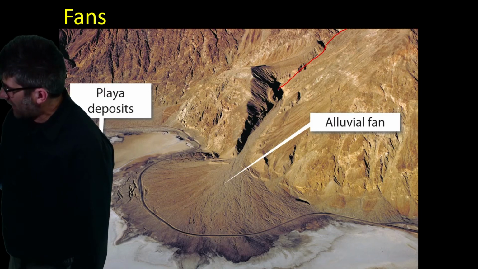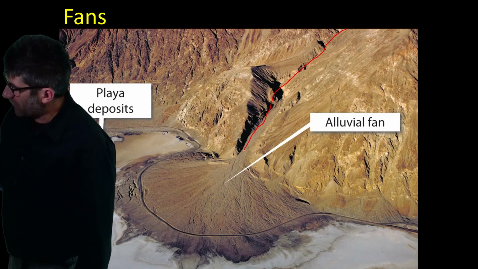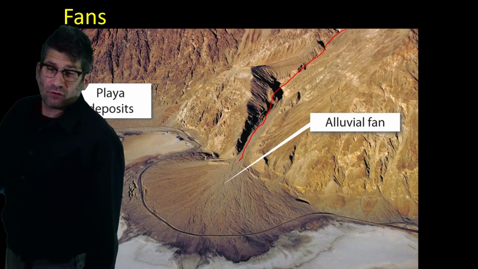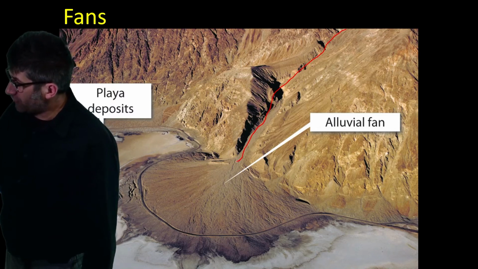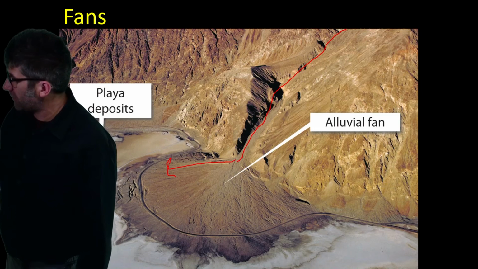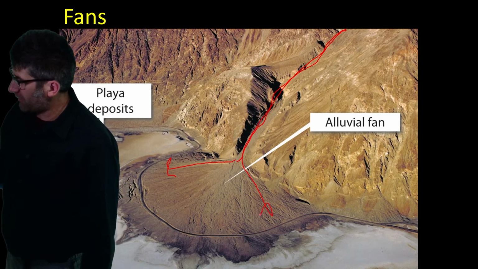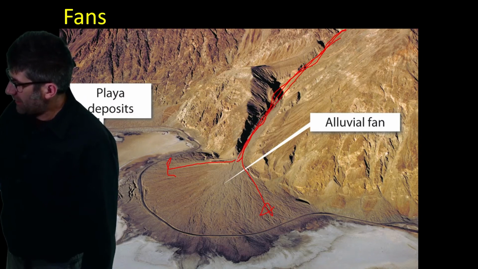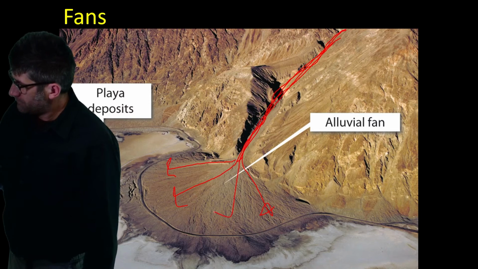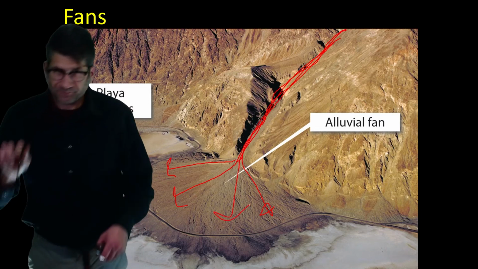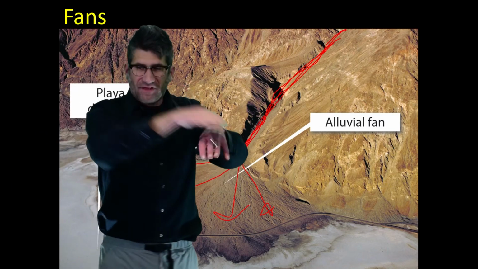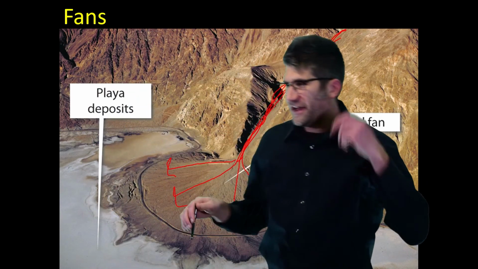And so as sediment comes down, it hits the Badwater basin right here, and all of a sudden you no longer have energy in your stream, and so you dump sediment out. And maybe one time you dump a debris flow here, and then the next debris flow that side's a little bit higher, so you dump sediment off on this side, and you continue with that process. So multiple depositional events create this cone and fan shape.